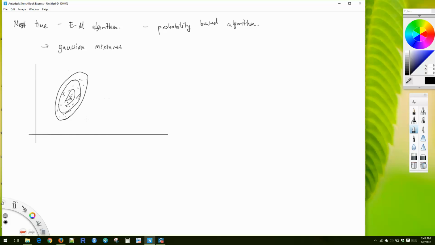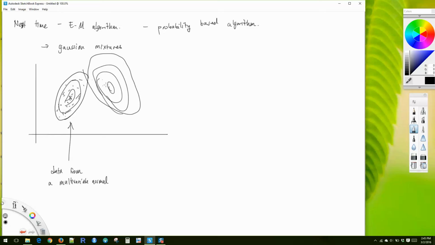You've got one, so this is data from a multivariate normal. And then you've got another, and maybe we'll have some overlap. Oh, these are supposed to be better looking.